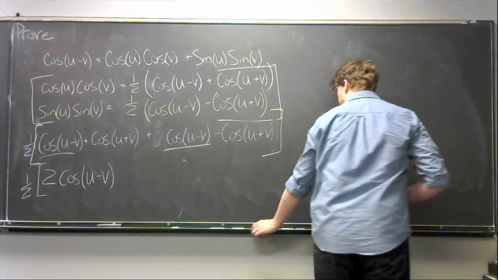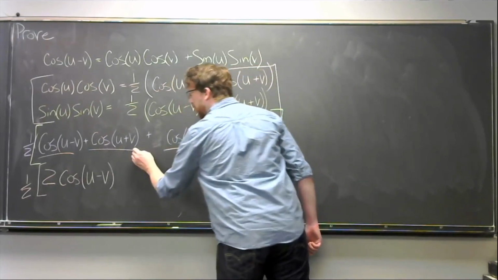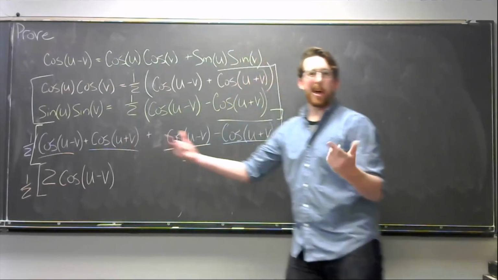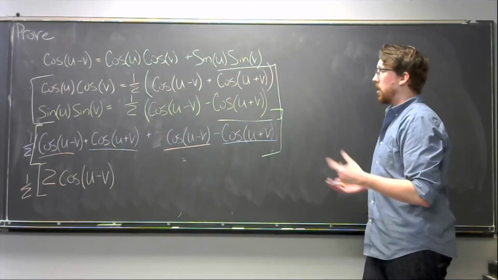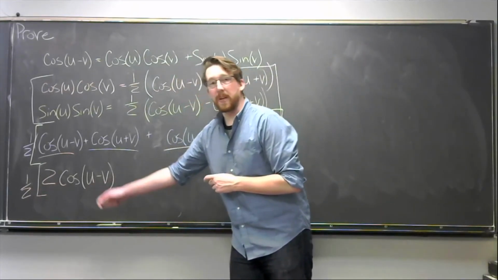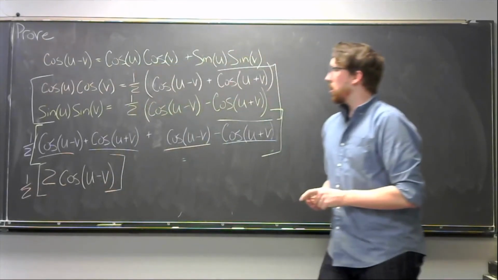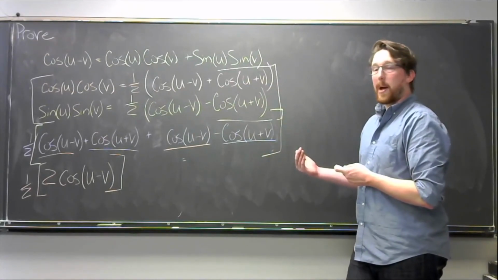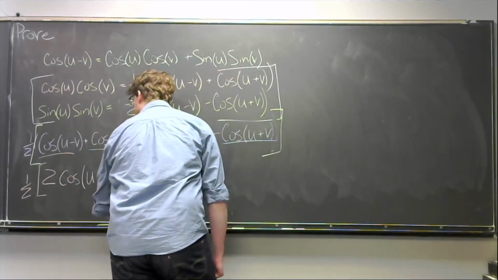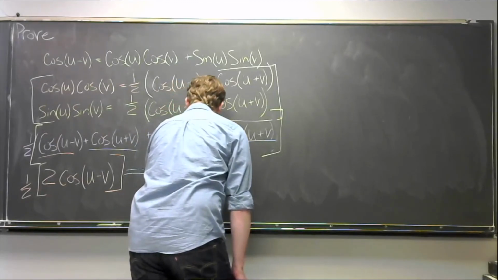And the other two that we have in common are these two. Well, we're subtracting this and we're adding that, so they're going to cancel out. And we're just left with that single cosine u minus v. Well, when we distribute that 1/2 back through, that's going to cancel with the 2, and we're going to be left with just cosine of u minus v.